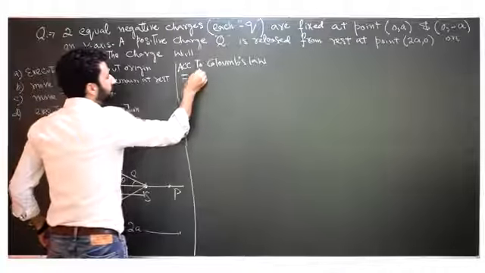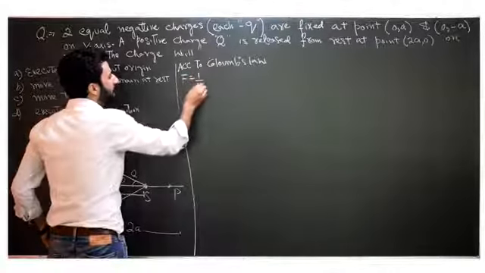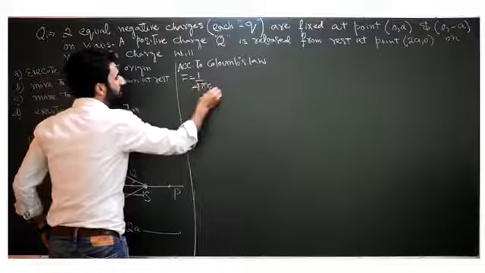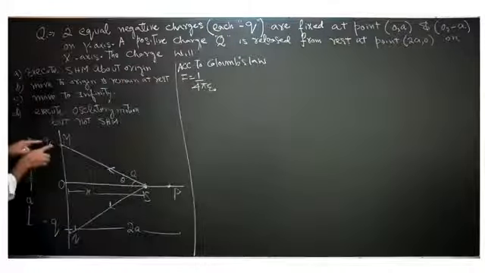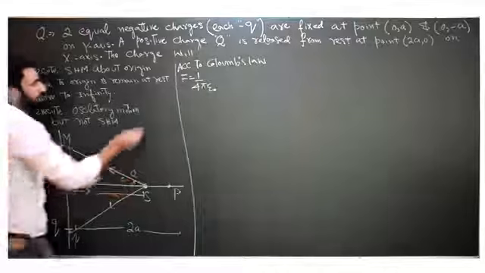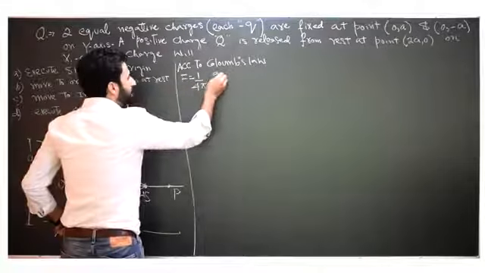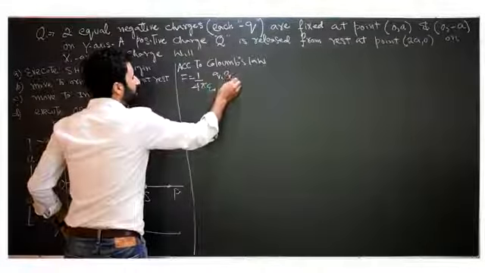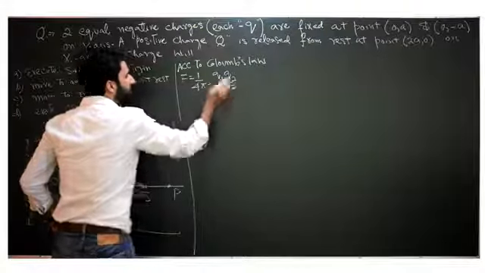F is equal to K, or 1 by 4 pi epsilon naught, Q1 Q2 divided by R square, between these two charges, between minus q and capital Q. This is Coulomb's law.